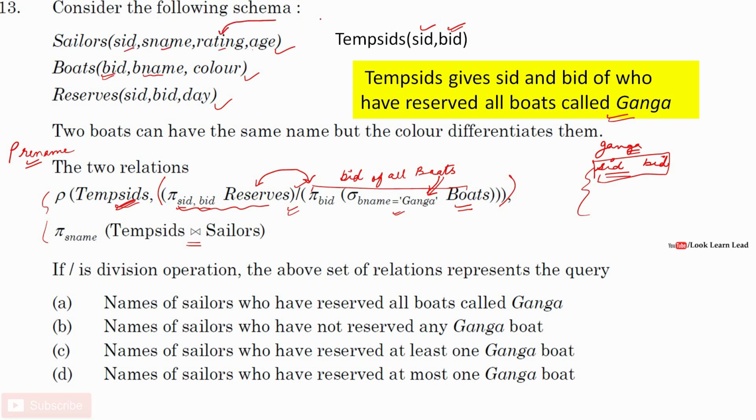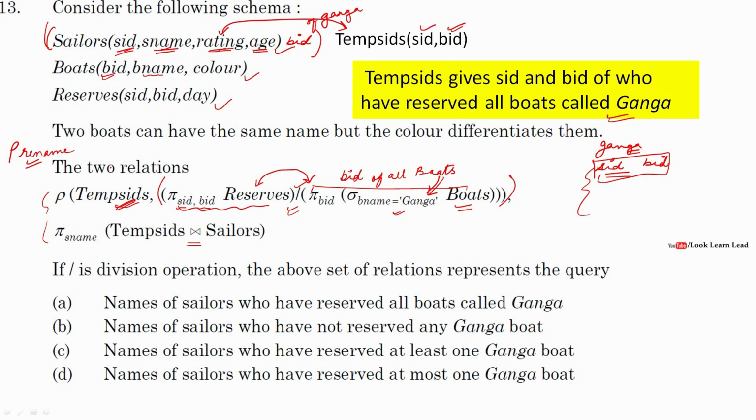The joining attribute between these two would be the SID. So the final schema would contain SID, SName, rating, age and BID of the boats whose name is Ganga.